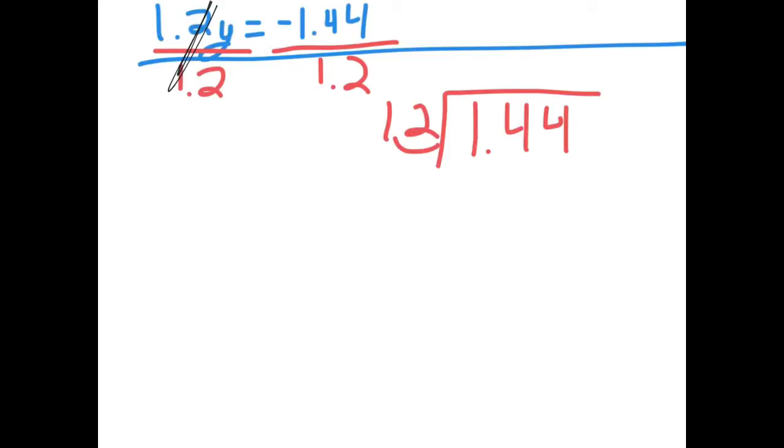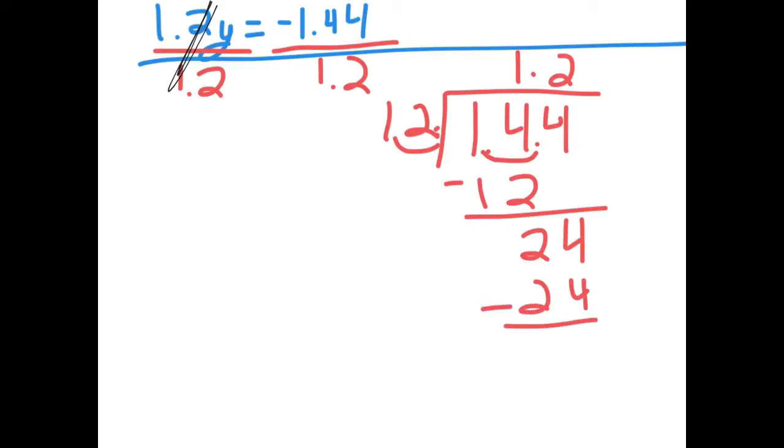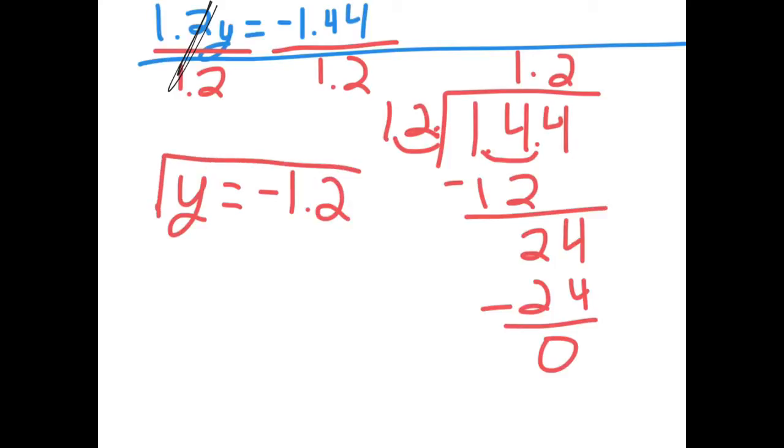You move your decimal over here, and you move your decimal here. So 12 goes into 14 once. Minus 12 would be 24. 12 goes into 24 2 times. So your answer would come out to be y equals negative 1.2. Since the answer 1.44 is already a negative, different signs would equal a negative answer.